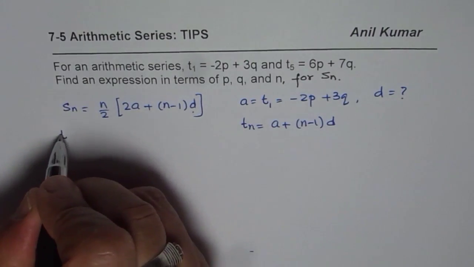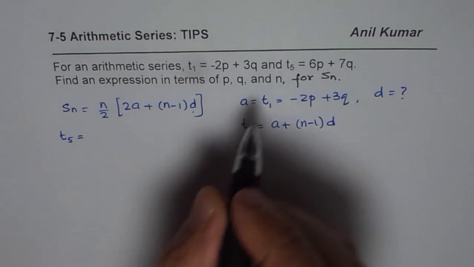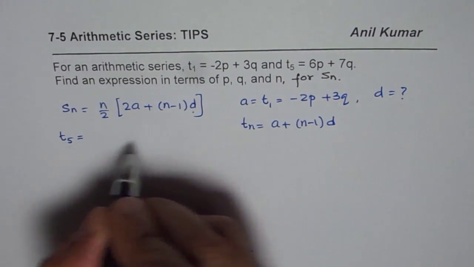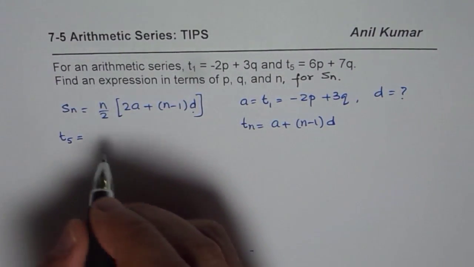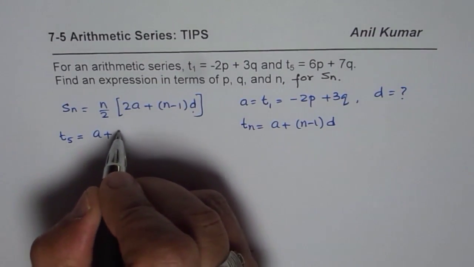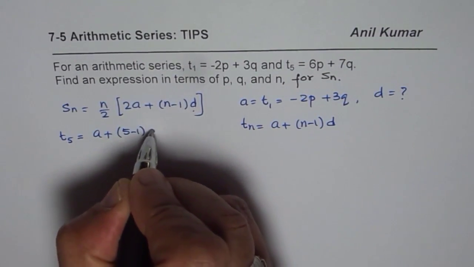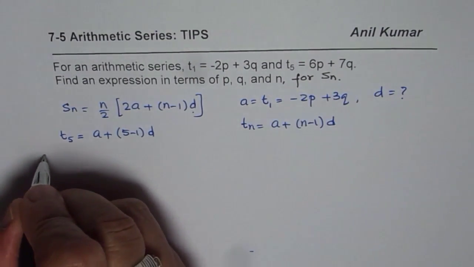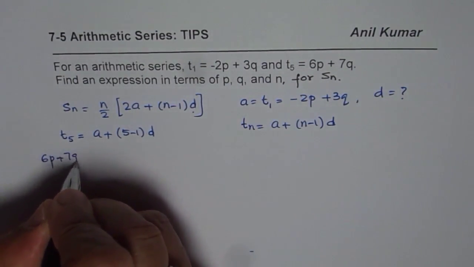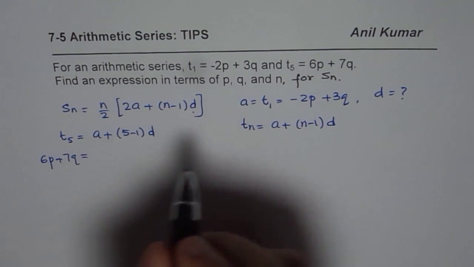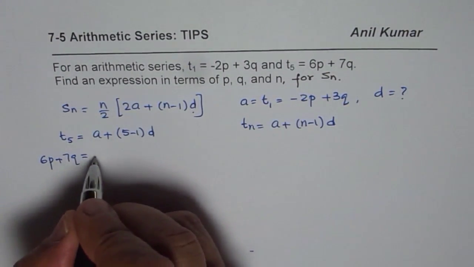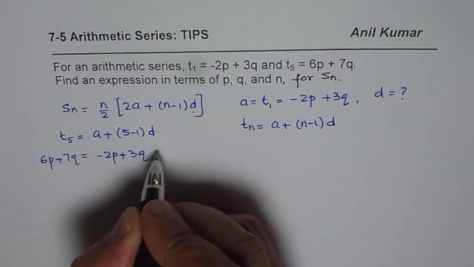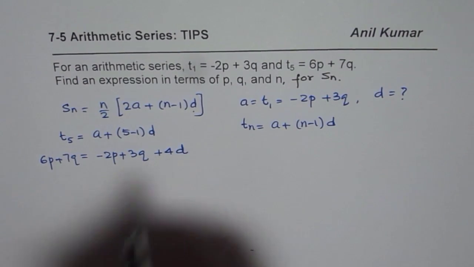So we'll write t5 equals a plus 5 minus 1 times d. Let me first write down the equation, then we'll plug in the values. t5 is given to us as 6p plus 7q, so we'll write 6p plus 7q equals a, which is the same as t1, minus 2p plus 3q, plus 5 minus 1, which is 4, so we get 4 times d.